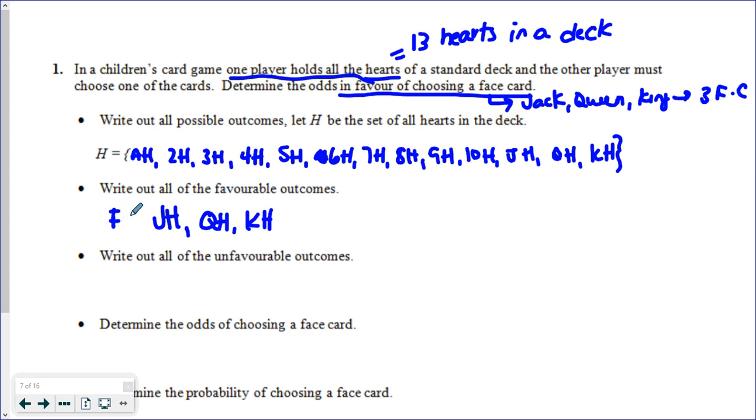So I'm just going to call that F for now. Unfavorable outcomes. I guess F for face cards probably makes more sense. So not face cards is everything else. So that's the Ace of Hearts.